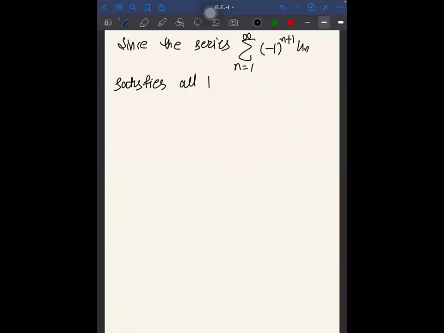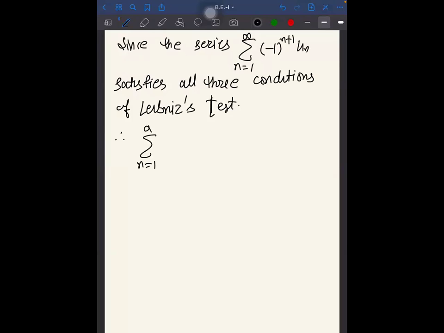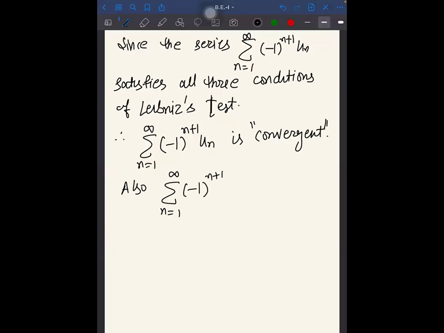So actually, since the series summation n runs from 1 to infinity of (-1)^(n+1) un satisfies all three conditions of the Leibniz test, therefore the summation of (-1)^(n+1) un is convergent.